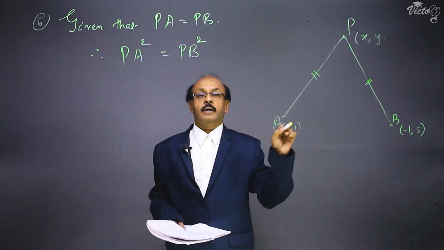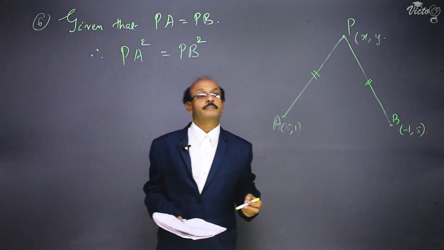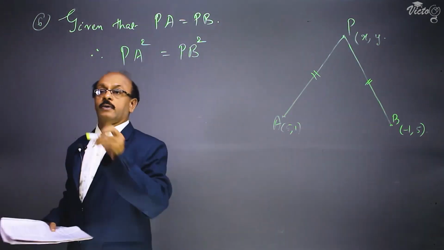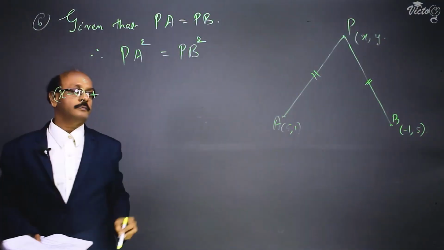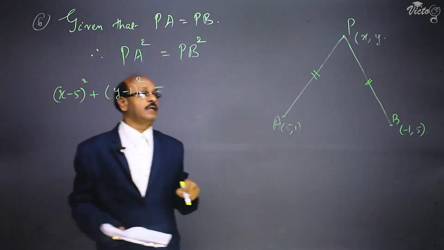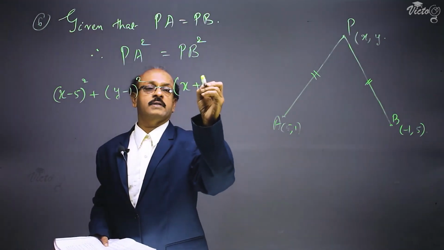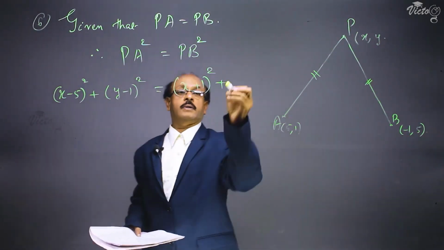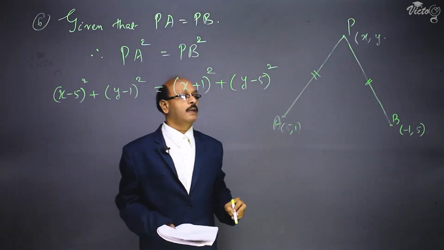To avoid the radical sign, we are taking the square. Now, the value of PA square is (x minus 5) the whole square plus (y minus 1) the whole square. This is equal to (x minus minus 1), that is (x plus 1) the whole square, plus (y minus 5) the whole square.